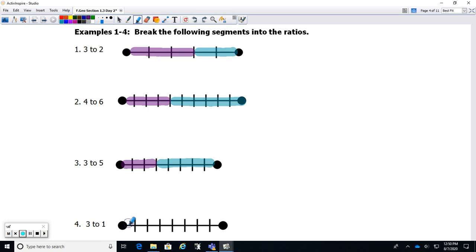Oops, that's the right color. 1, 2, 3, 4, 5, 6, and then I'll go with 1, 2, and then I'm going to show you how, because I colored 6 of them, 6 to 2 is the same thing as a ratio of 3 to 1 when I reduce.